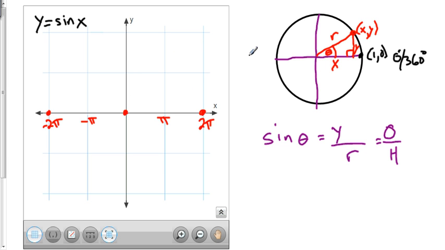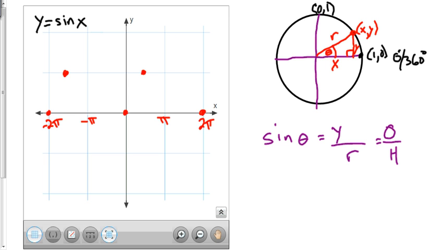Let's go to a couple of the values that we have here. At 90 degrees, I'm going to be at (0, 1). So x is 0, but y is 1. What does that mean? If y is 1 and the radius is 1 at that point, then the sine is 1. 90 degrees is also negative 270, which is negative 3 pi over 2, right there.